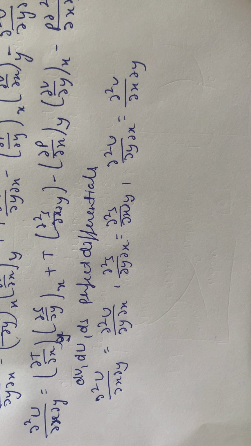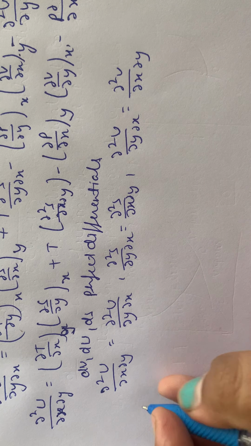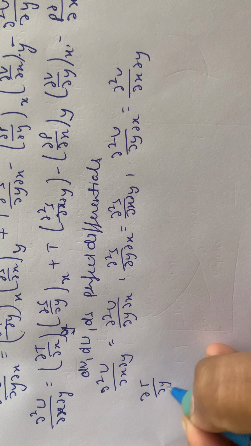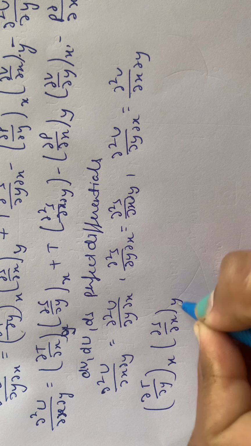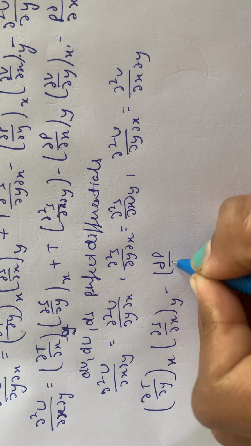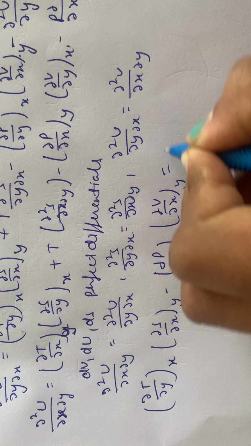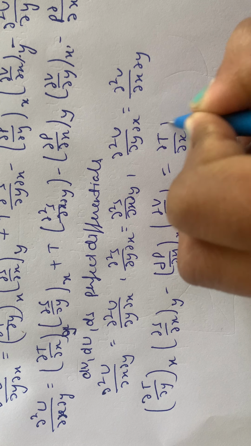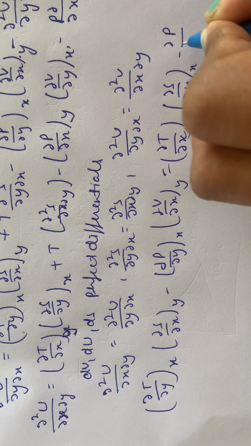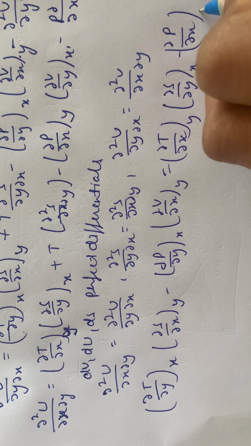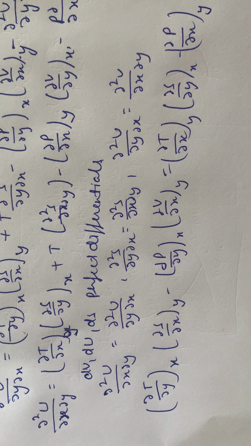Substituting these values in the two equations and simplifying: ∂T/∂Y at X times ∂S/∂X at Y minus ∂P/∂Y at X times ∂V/∂X at Y equals ∂T/∂X at Y times ∂S/∂Y at X minus ∂P/∂X at Y times ∂V/∂Y at X.